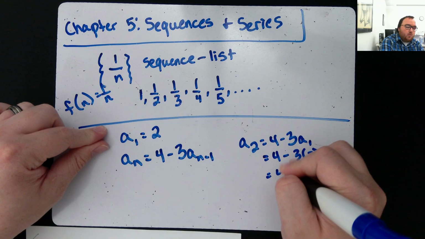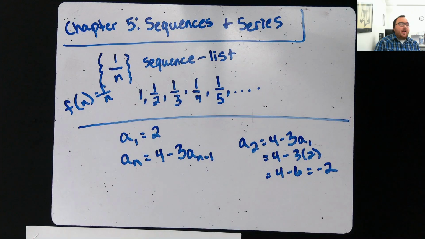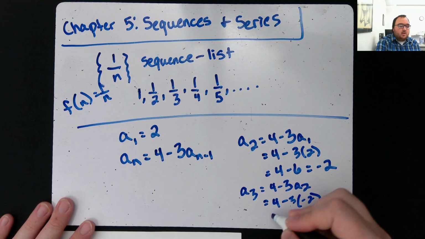So a_1 is 2, a_2 is negative 2. Then I could use that to get a_3, because it would be 4 minus 3 times the previous term, a_2. So I would do 4 minus 3 times negative 2. That's 4 plus 6, which is 10. So then my next term is 10. And then I could keep going on and on and on.